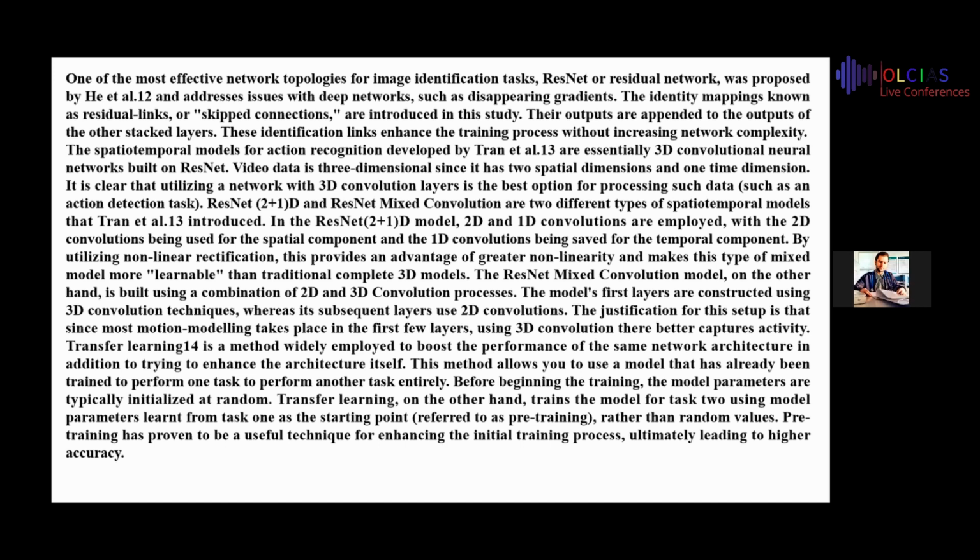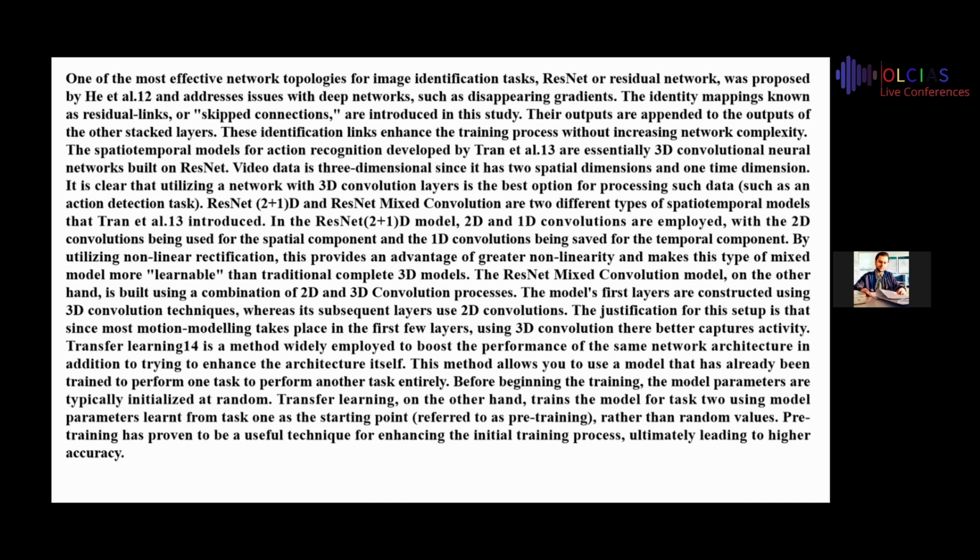ResNet (2+1)D and ResNet mixed convolution are 2 different types of spatio-temporal models that are introduced. In the ResNet (2+1)D model, 2D and 1D convolutions are employed, with the 2D convolution being used for the spatial component and 1D convolution being saved for the temporal component.